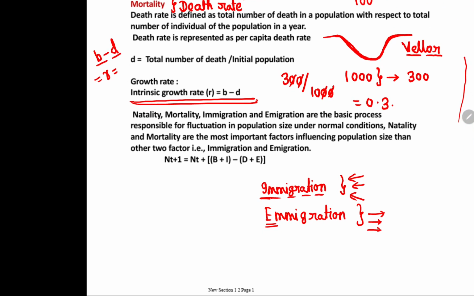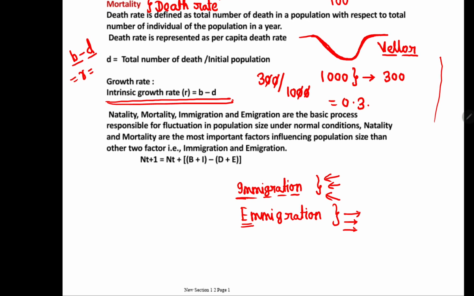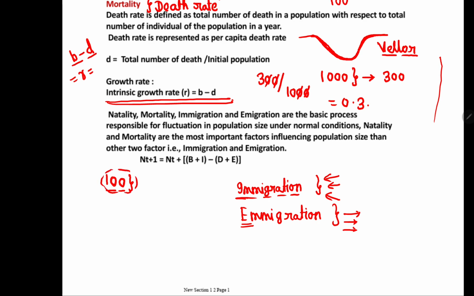Now I am taking one situation, students, try to understand it. I have a population of 100 individuals in a particular village in Mandya district of Karnataka. Suppose the question says that in that village a total of 3 kids were born in 1 year.